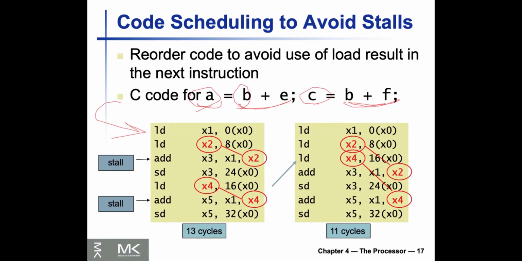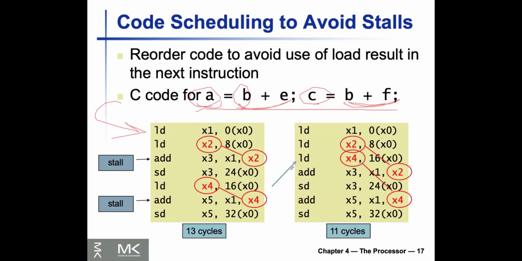So we thought, okay, can we reschedule the code in a way that it is functionally correct, as they call it in compilers? So the output is still functionally correct, and the result would be the correct result.